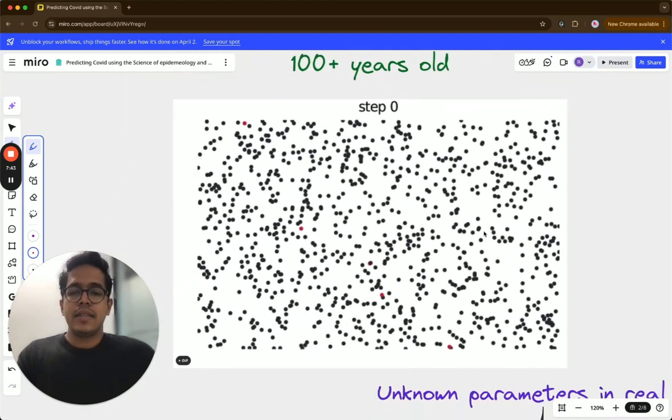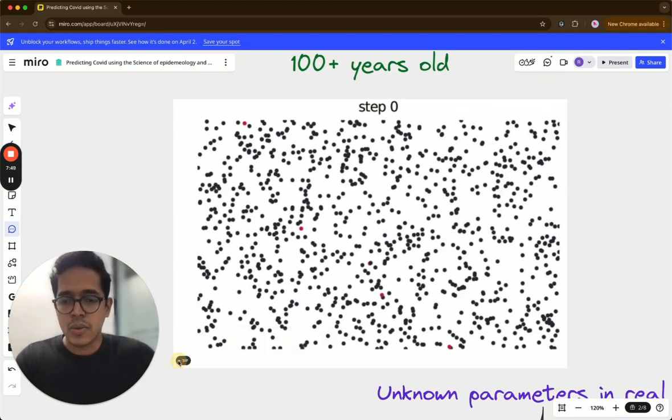And this is a small GIF showing a simulation of how the virus spread affects a population. So I hope this can be played. Yeah. So now you will see once the GIF starts playing.